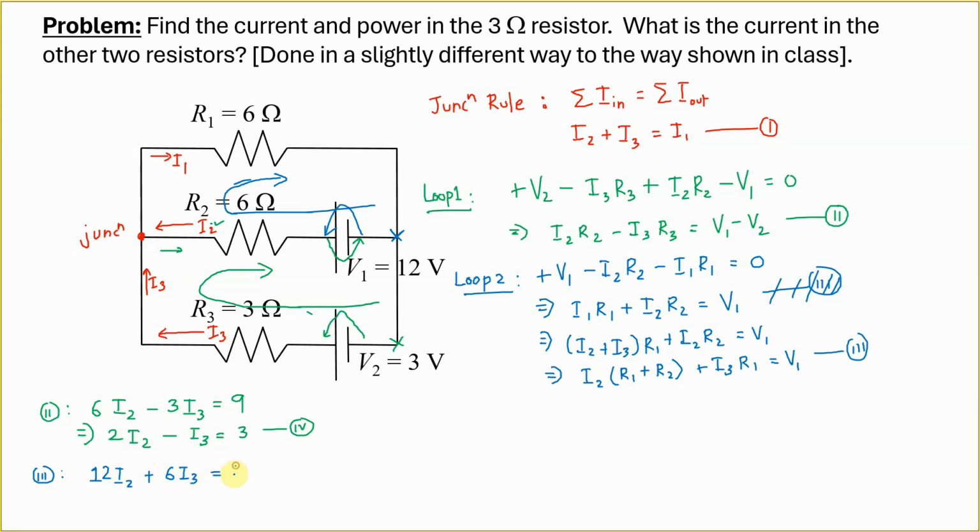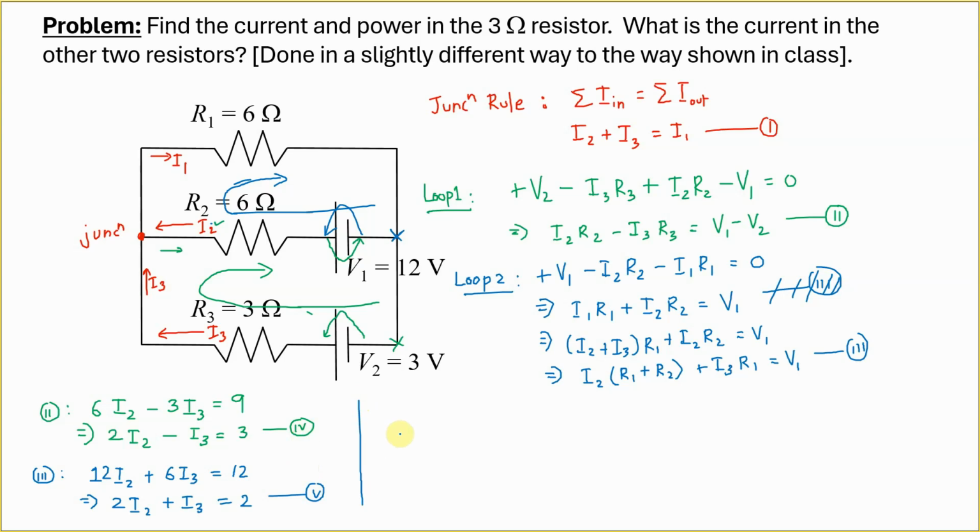So V1 is 12. So I can divide this by 6 and I get 2 I2 plus I3 equal to 2. So this is equation 5. Now I can solve these two equations. They have both I2 and I3, so simultaneously it is very easy to solve.